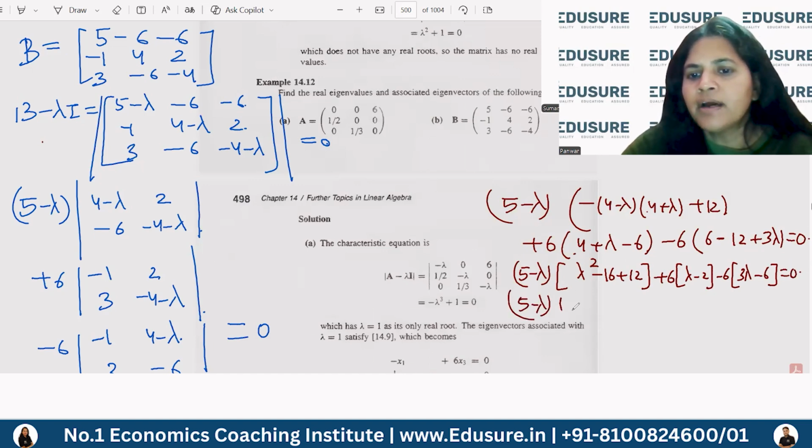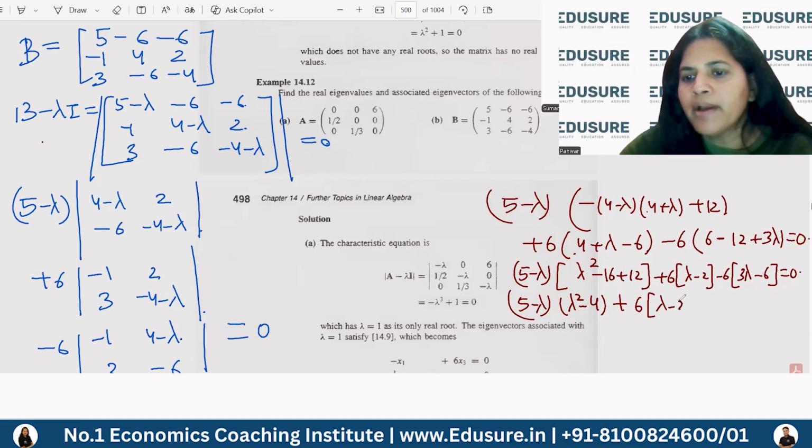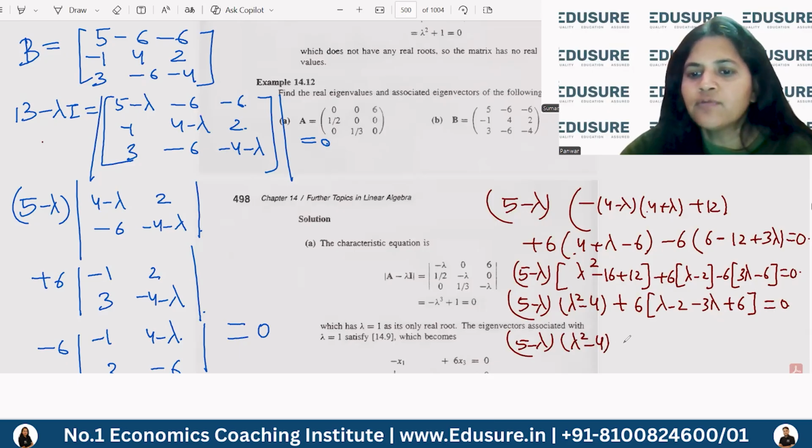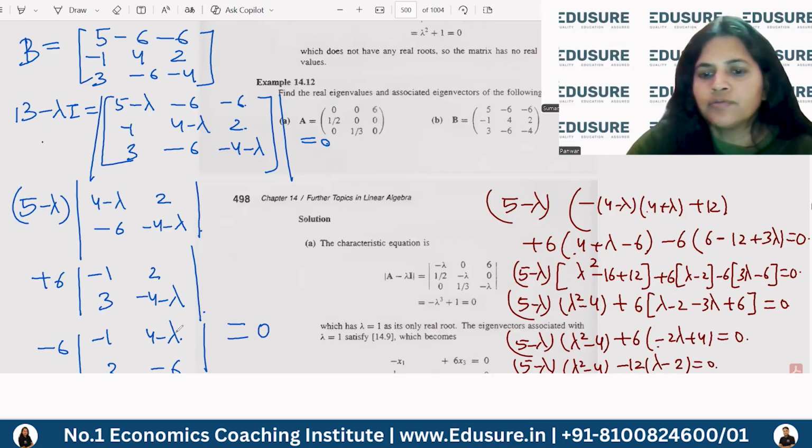So 5 minus lambda, lambda square minus 4 plus 6 lambda minus 2 minus 3 lambda plus 6 is equal to 0. So 5 minus lambda, lambda square minus 4 plus 6 minus 2 lambda plus 4 equals 0. So 5 minus lambda, lambda square minus 4, minus 12 lambda minus 2 equals 0.